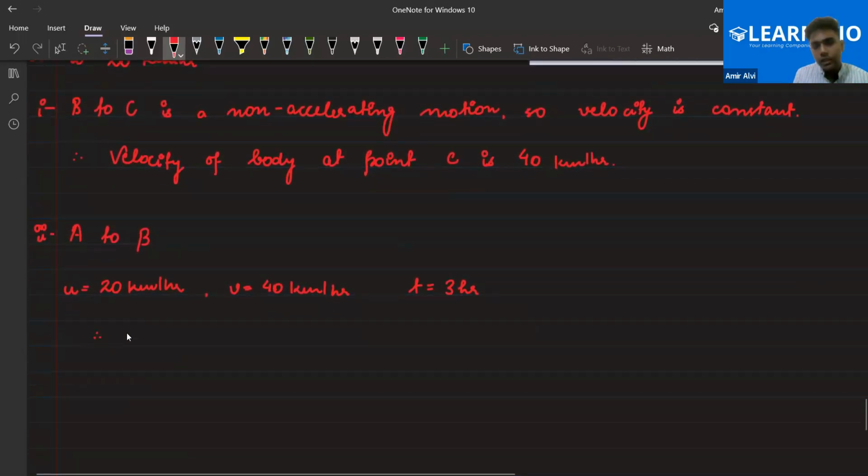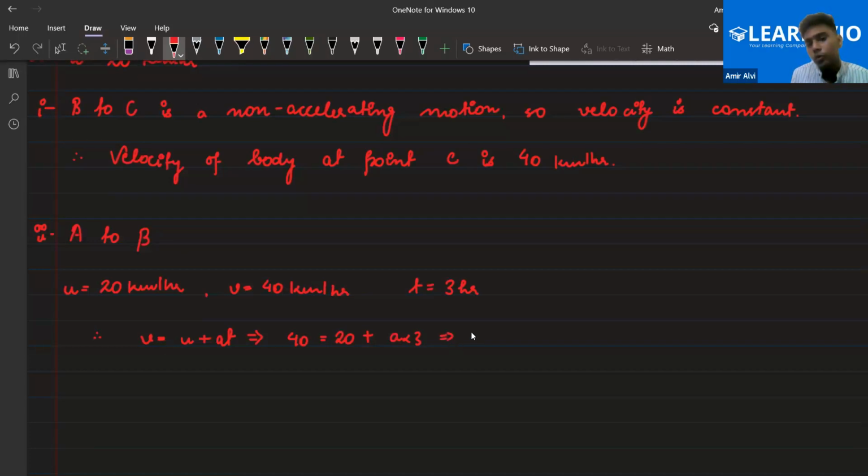So as you know, the acceleration formula is V equals U plus AT. V is 40. U is 20, plus A we need to find, and T is 3.